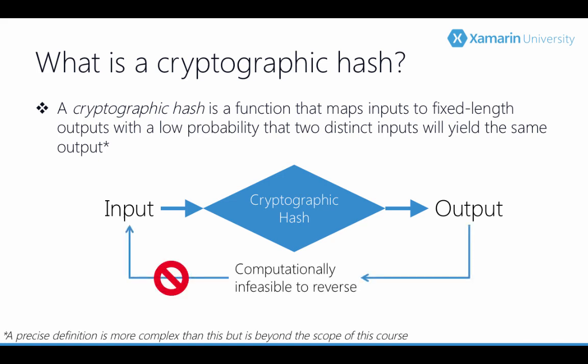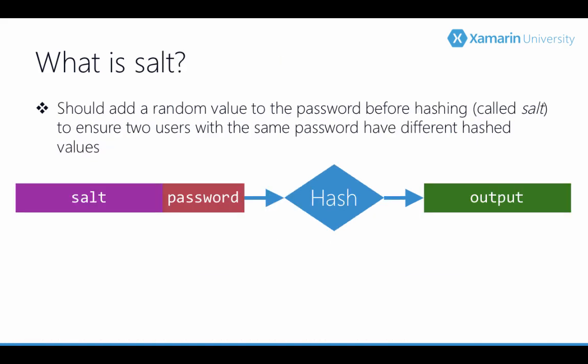We're not going to discuss the mathematics involved, but I can tell you that it's extremely computationally expensive to try and determine the source, i.e. your plain text, from the resultant hash, such that it's considered, by practical means, impossible to reverse. And we often think of a hash as a digital fingerprint.